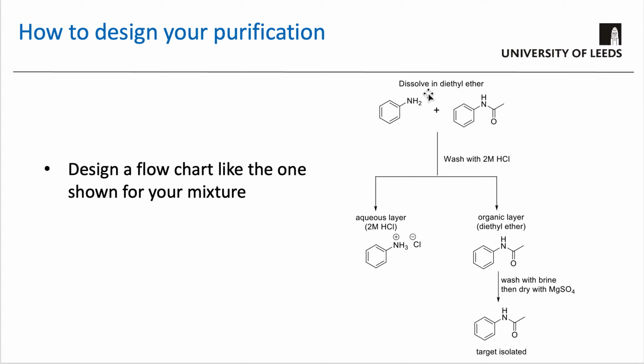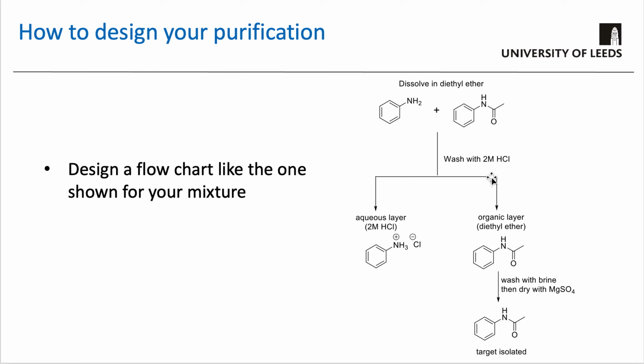Okay, so as shown here, what we're trying to do is separate this amine and this amide. The amine has a functional group that can be protonated. It's got a pKa of 10. So we wash with 2 molar HCl. It's got a pKa of -7. Well, that's going to protonate all of the amine into its salt form, so it can go into the aqueous layer.